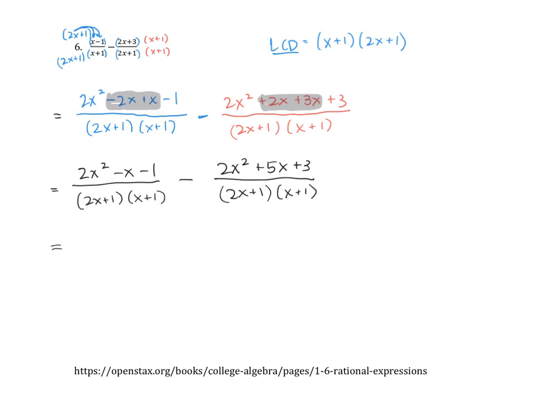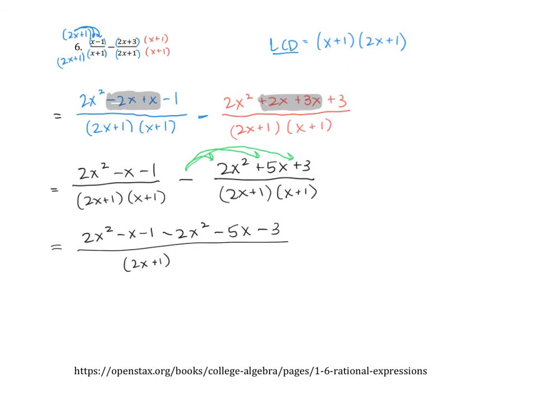Okay, now I want to combine the tops. Here is where, if you've gotten this far, you don't want to mess it up. This negative, you're subtracting the entire thing. So the negative needs to be distributed to everything in that following numerator. So this is going to be 2x squared minus x minus 1 minus 2x squared minus 5x minus 3. I would really suggest taking the time to write this step out and making sure you change all the signs appropriately.